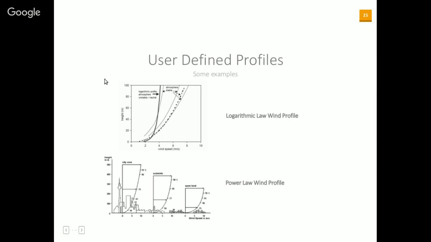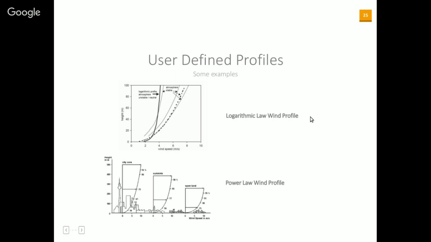It means that instead of assigning a uniform profile at inlet, you can assign a profile that has these shapes, and this way it's very accurate and it respects what happens in reality, so it can give you more accurate results. And that's what user-defined profile means.